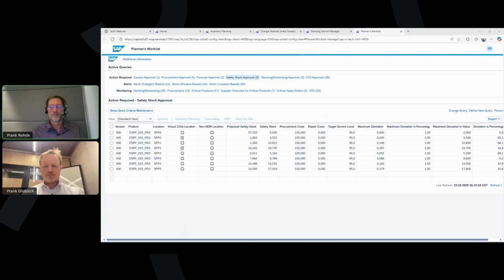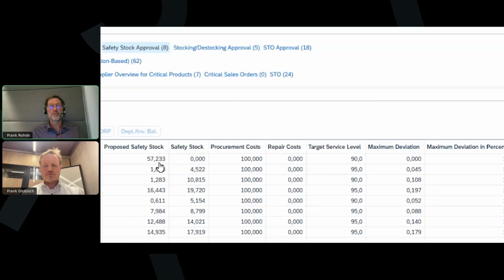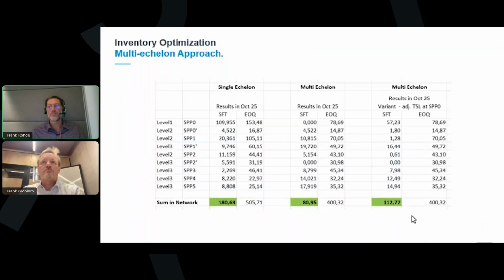But all variations are always below the single echelon. So the second variation, if you add those numbers together, you will end up with 112.7 pieces. So still 70 or 68 below the single echelon.